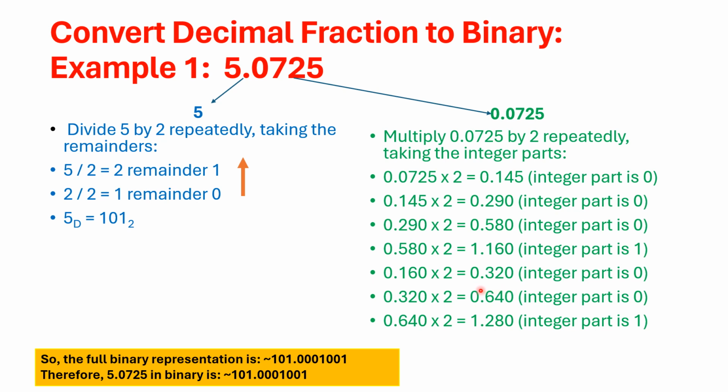And similarly, 0.320 is multiplied by 2. Our answer is 0.640, and our integer is 0. And 0.640 multiplied by 2, our answer is 1.280, and the integer part is 1.